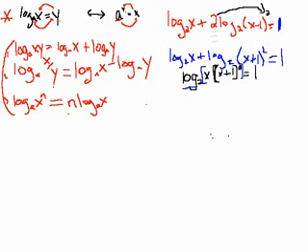We're going to get the base, which is 2, to the other side, which is 1, equals x times, and I'm going to go ahead and multiply this out, x squared plus 2x plus 1.